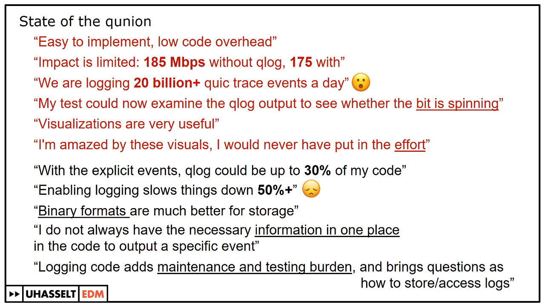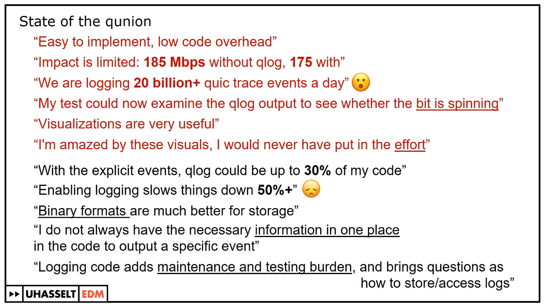The moment you add more code like this and something changes in QUIC, you have to spend some time on updating the logging as well. So we'd rather wait until things settle down a bit. I think it's a bit of an ironic statement by someone implementing QUIC, right? But still, I get where it's coming from and how that might be difficult.